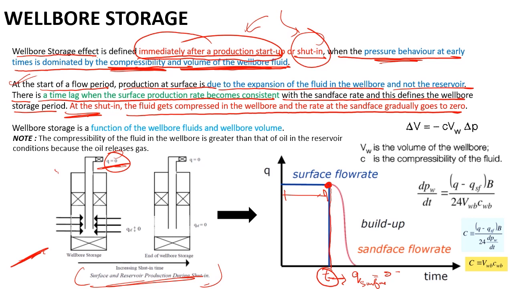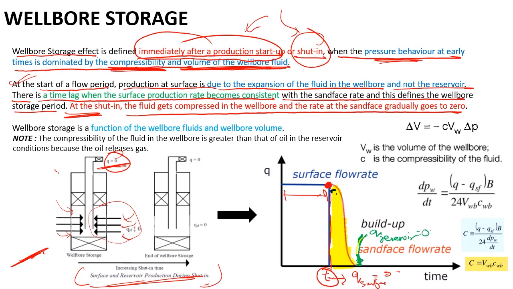But because of the compressibility of the wellbore fluid, from the reservoir the fluids are entering into the wellbore. Only after some time does my Q at the reservoir become 0.